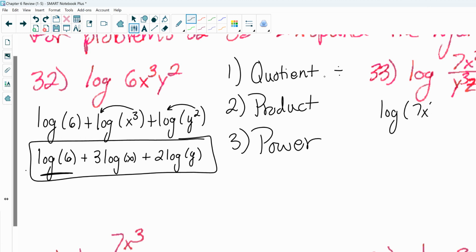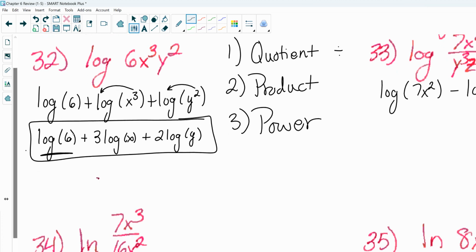It does have a quotient, and we start with it. It'd be log of the top, the numerator, minus log of the denominator, y cubed z squared. Now both of these denominator terms, when we get it all the way factored out, the sign in front of each of their logs, respectively, will be a minus sign. Now our first part, log of 7x squared, we can break it apart just like we did the last one.